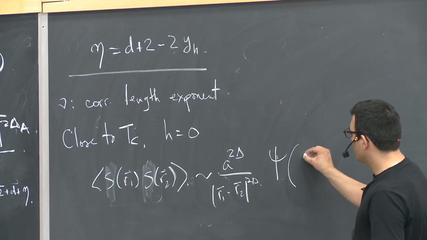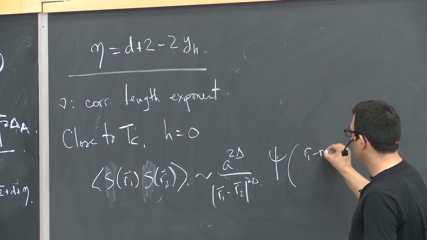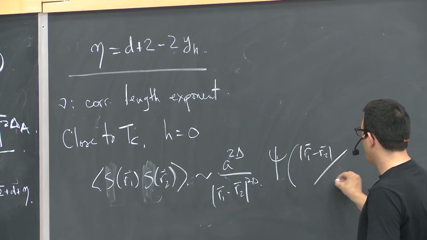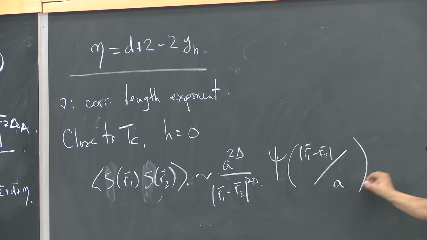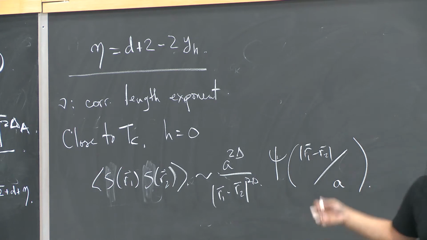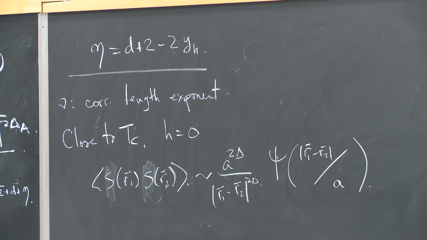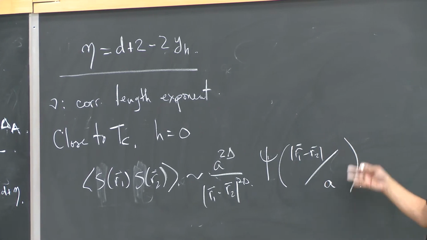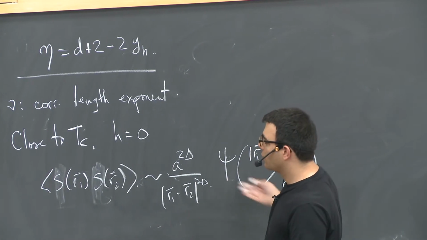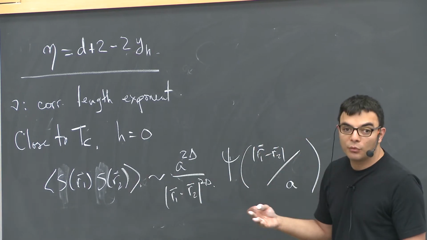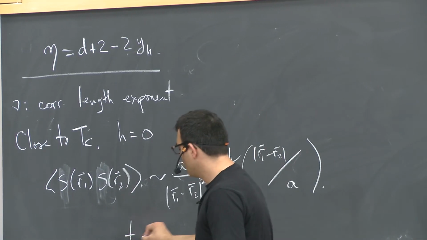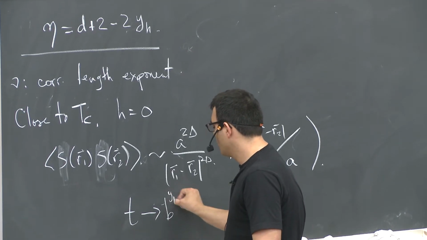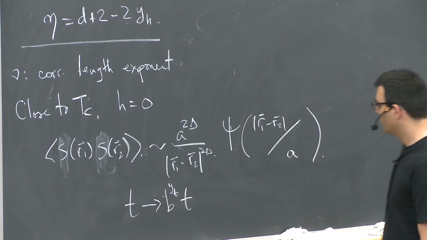So that dimensionless ratio would be R1 minus R2 divided by A. But this form is not consistent with the RG transformation because A goes to B times A, and this doesn't stay invariant. In order to make it consistent, we have to put in here some dimensionless thing that transforms under RG. After we set h to 0, the only other such thing we have is t, and t goes to b to the y_t times little t.